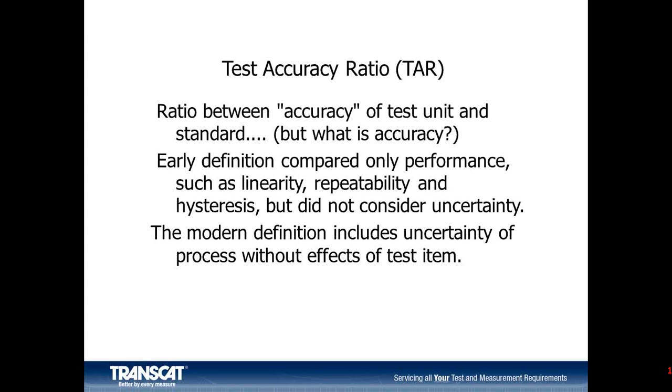It did not include the uncertainty in the standard. The modern definition does or may include the uncertainty, but not necessarily. It depends on the particular organization, their definition of this term.